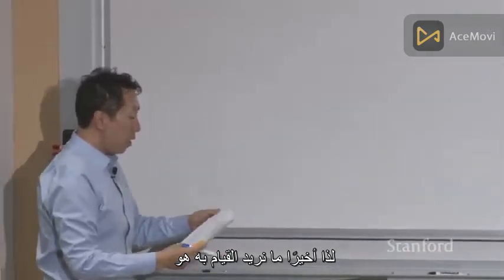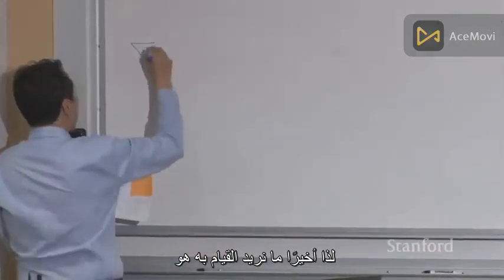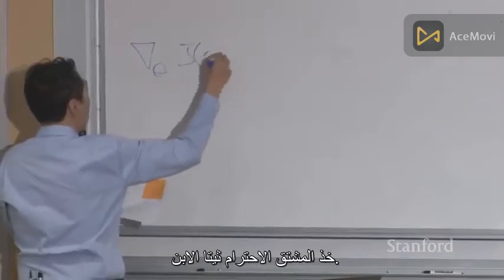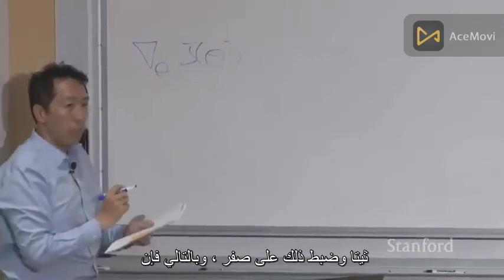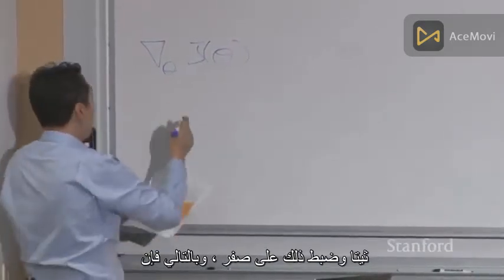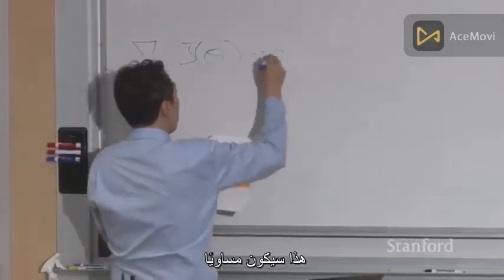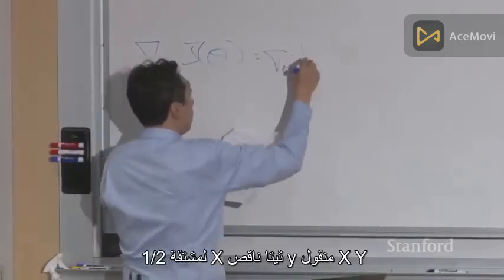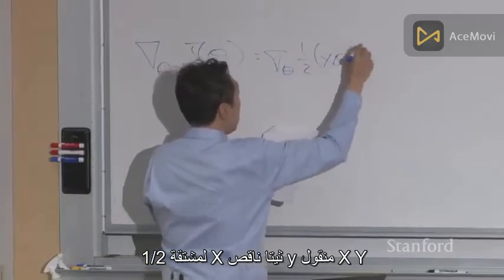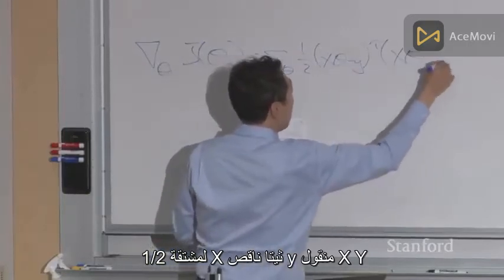So finally, what we want to do is take the derivative with respect to theta of J of theta and set that to 0. This is going to be equal to the derivative of 1/2 (X theta minus y) transpose (X theta minus y).